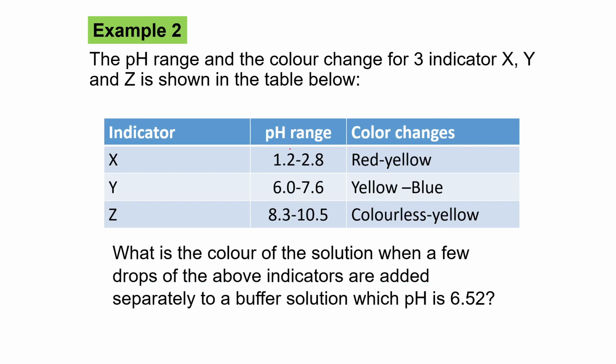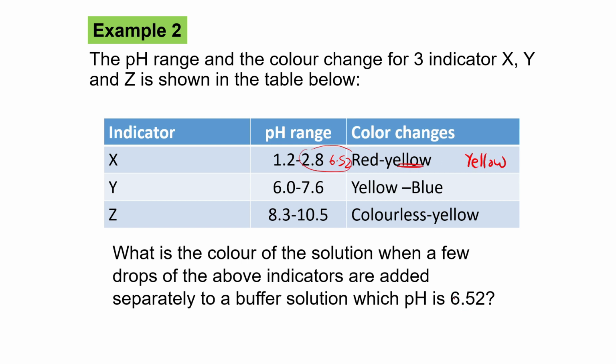So this one is pH range untuk 3 different indicators. So we name that indicator as X, Y and Z. So this one is color changes. So soalannya, what is the color of the solution when a few drops of above indicator are added separately to solution pH 6.52? So kalau 6.52 untuk indicator X, so sini 6.52 above 2.8, so kita akan dapat color yellow.